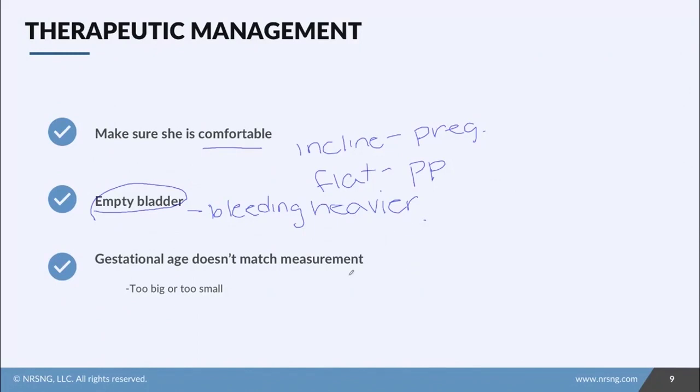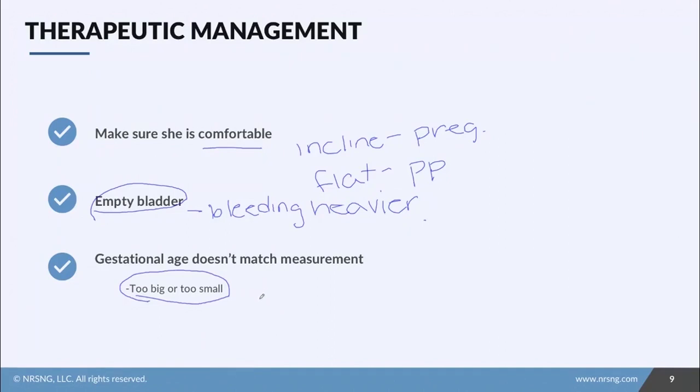So the last piece to understand is going to be when our gestational age doesn't match the measurement. So what does it mean if the measurement doesn't match up? It means we're either too big or too small. So this would be that patient that's pregnant and getting her measurements done for her fundus.